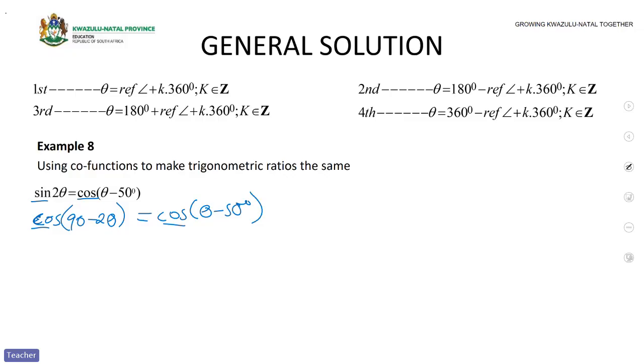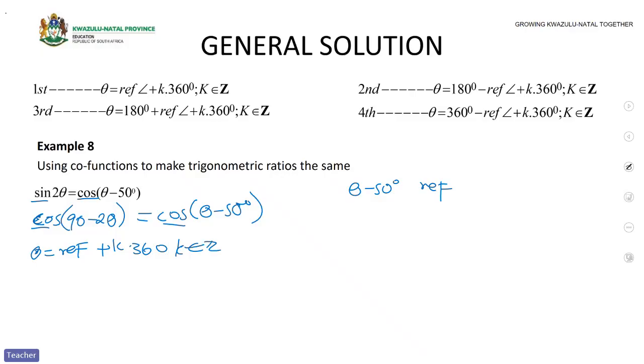Once the ratios are the same, then we know our angles should be equal. Then we take theta minus 50 degrees as our reference angle. Because cos is positive, we are going to use the first quadrant solution, which is reference angle plus k times 360, where k is an element of all integers.